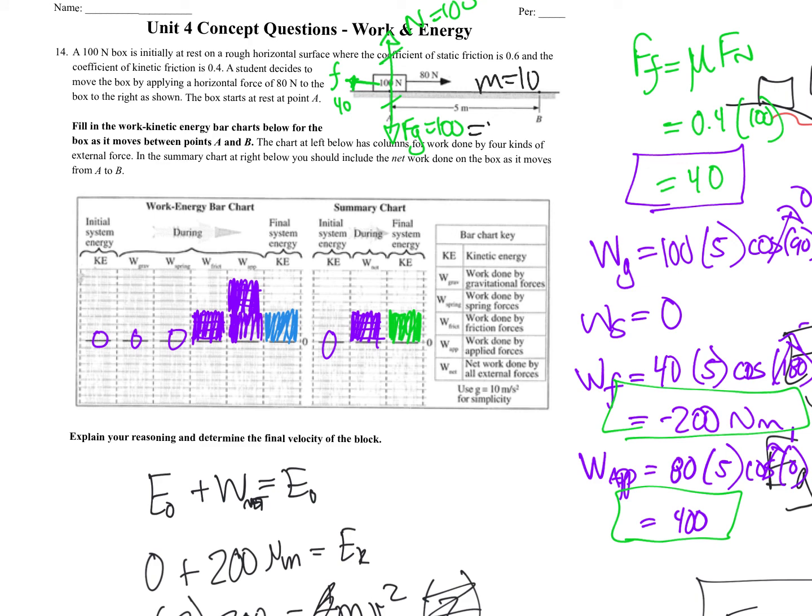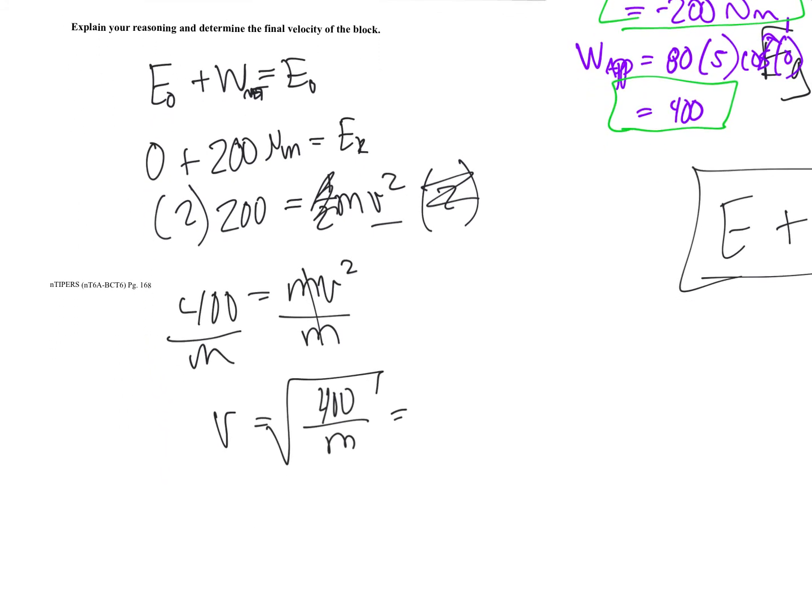Remember, force of gravity is mass times gravity. Gravity itself is 10, so my mass must be 10 as well. So looking at this then, my velocity would be just the square root of 400 divided by 10, or the square root of 40. That's going to give me a value of roughly 6.3 meters per second.